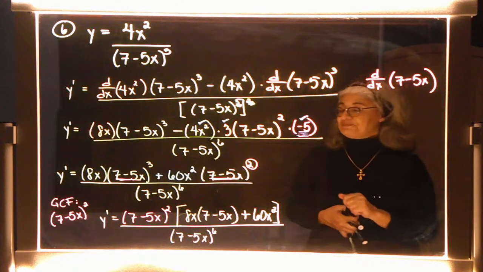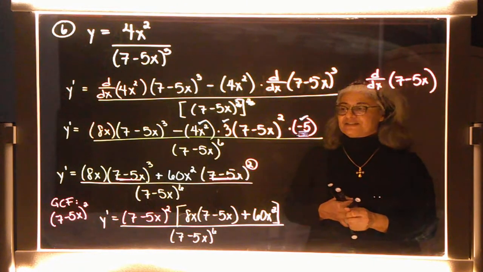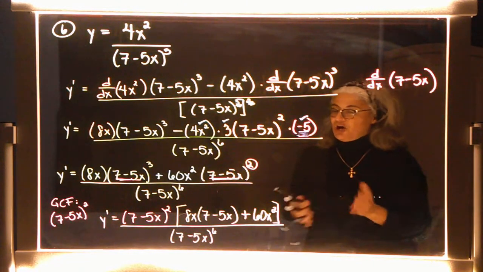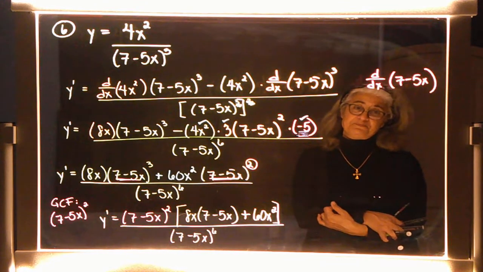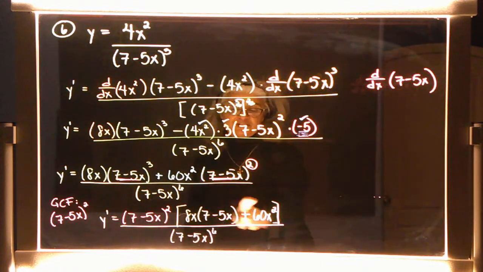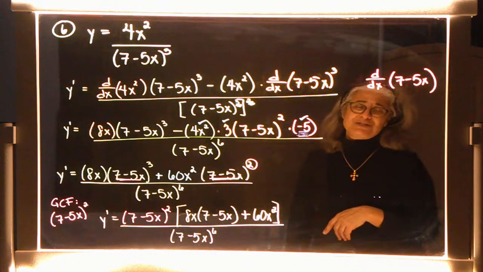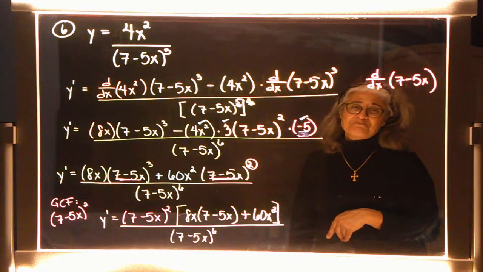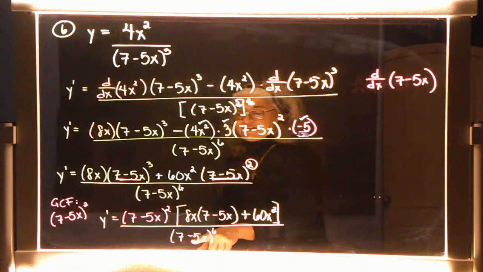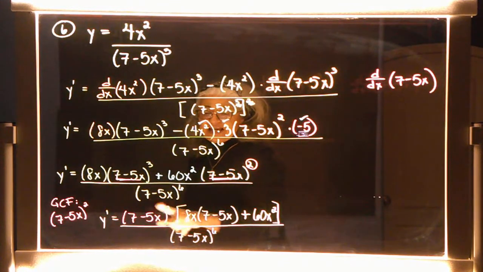Agreed? Okay, well this is a lovely little problem, isn't it? All right, what do you guys see? You're right, I can simplify in this bracket, but do you see anything else we can do to simplify? Notice in the denominator I have a 7 minus 5x. In the numerator, look at the GCF.